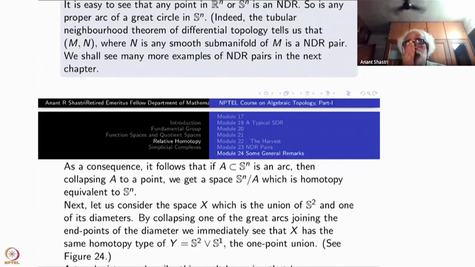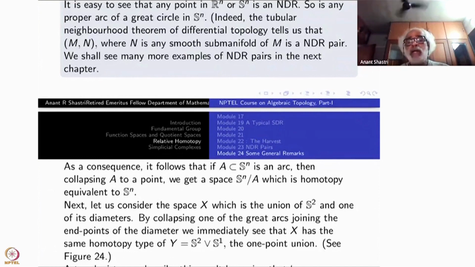By collapsing one of the great arcs which joins the endpoints. Endpoints of a diameter can be joined inside the sphere through a great arc, right? If you join them, that is an arc. Now you collapse that arc to a single point.